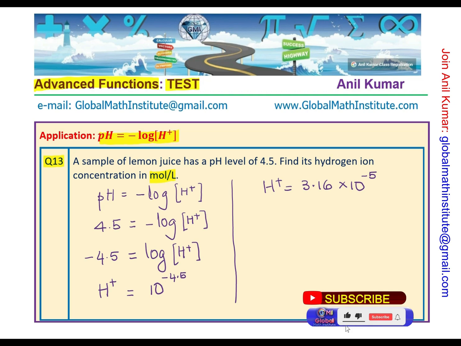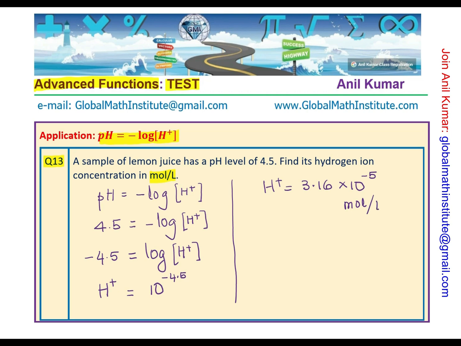And the units are mole per liter. So that becomes the hydrogen ion concentration for this acidic solution whose pH value is 4.5. So I hope you have understood how to use this formula and get the result.